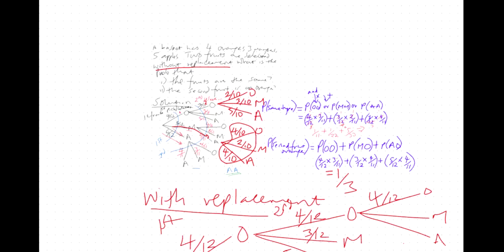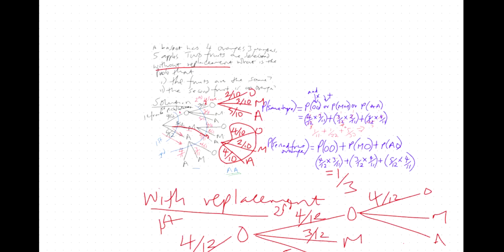Here the second first orange. POO plus P into brackets MO plus PAO. So we added the MO. We took MO 4 over 12 times 3 over 12, and then 3 over 12 times 4 over 12.